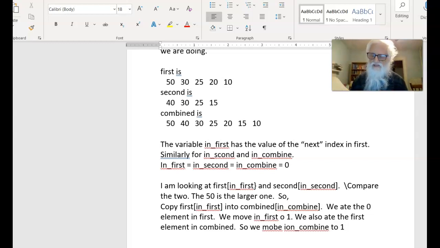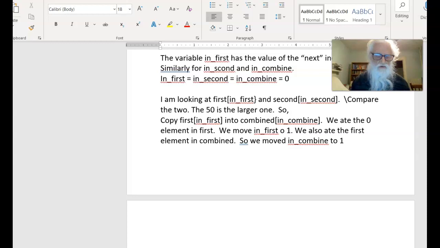Now that means at this point we only changed one of the 2 pointers that go in the first and second.